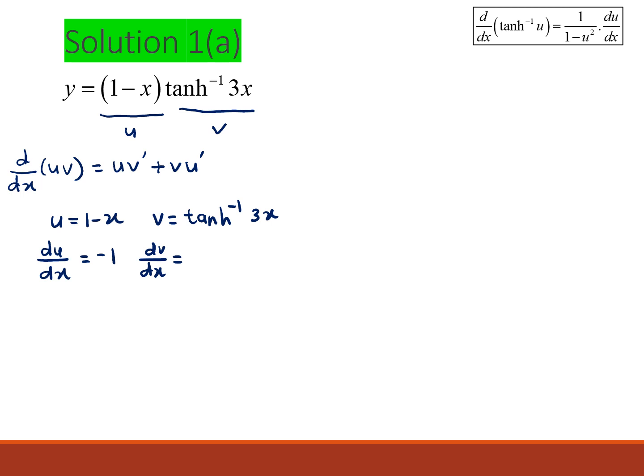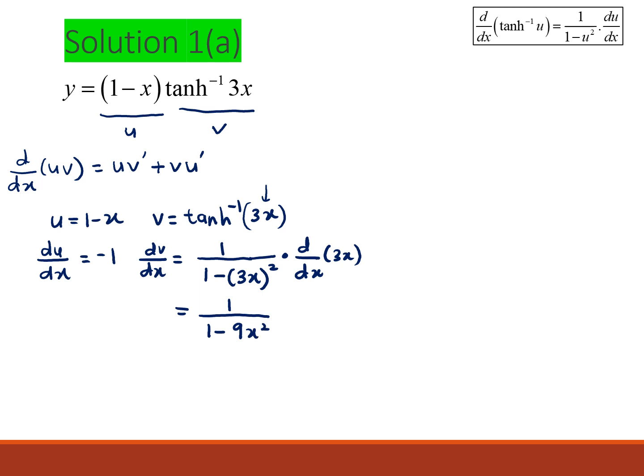So the derivative of inverse tangent hyperbolic is 1 over 1 minus, the inside remains, which is 3x squared, times the derivative of the inside function, which is 3x. So this will be 1 over 1 minus 9x squared times the derivative of 3x, which is 3.